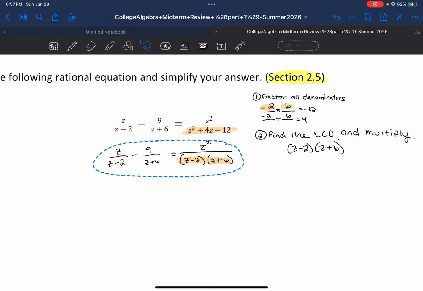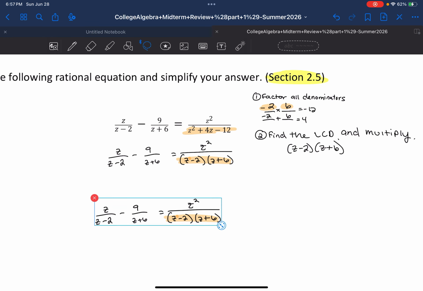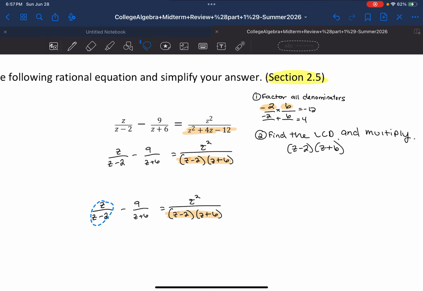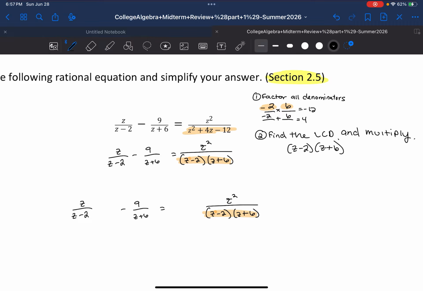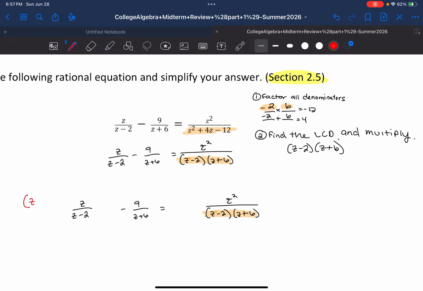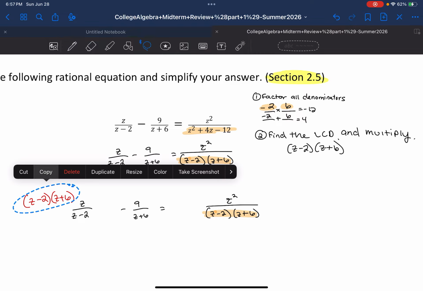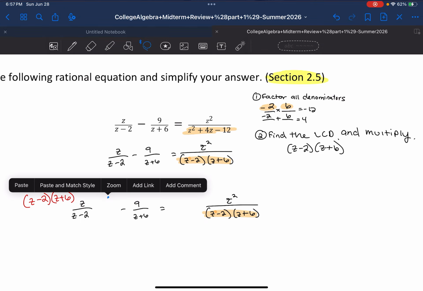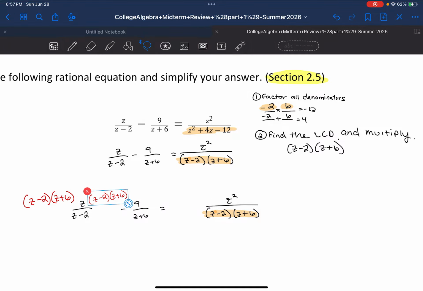So let me copy this. So I'm multiplying by z minus 2 times z plus 6 on every term.